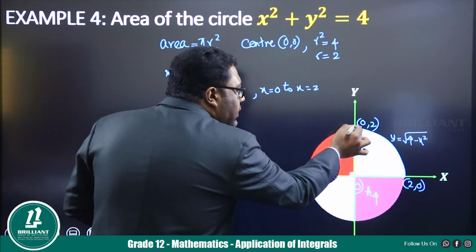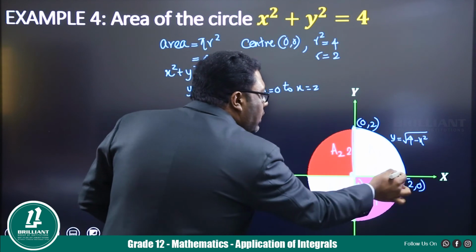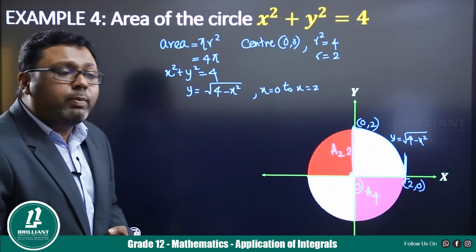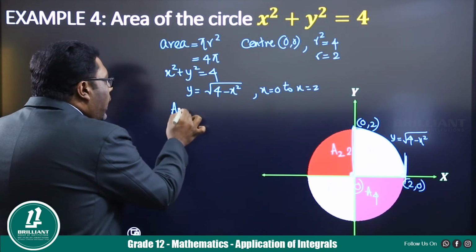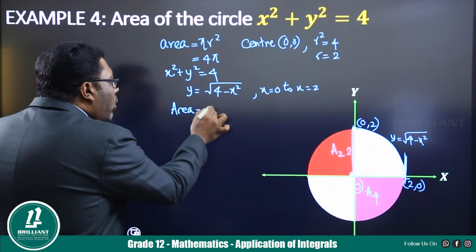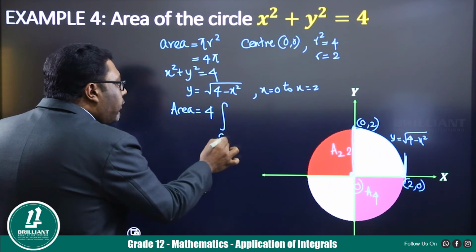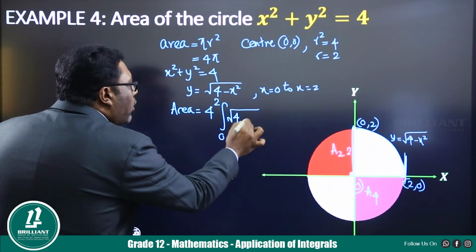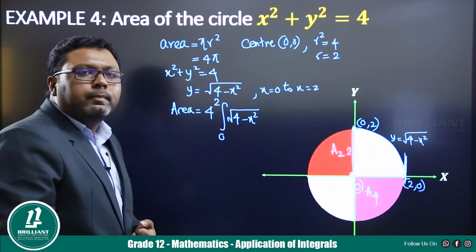The abscissa 1 is x is equal to 0 and the abscissa 2 is x is equal to 2. So my area is going to be 4 times the integral from 0 to 2 of square root of 4 minus x squared.